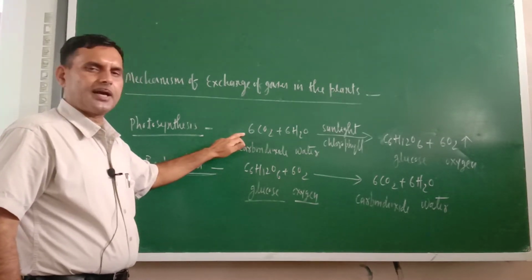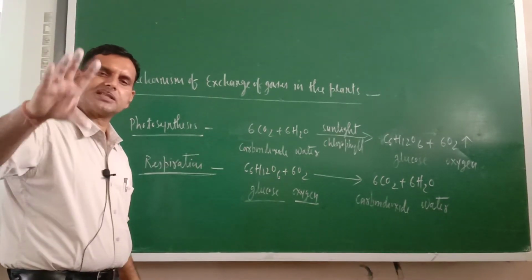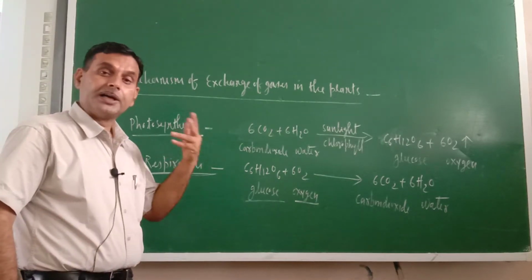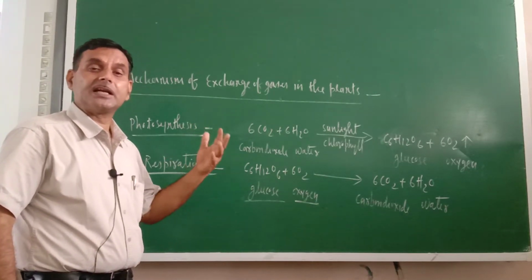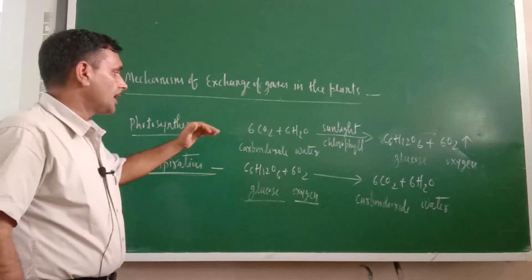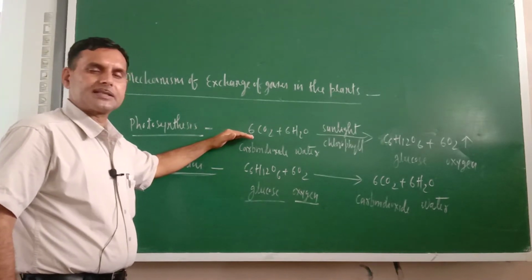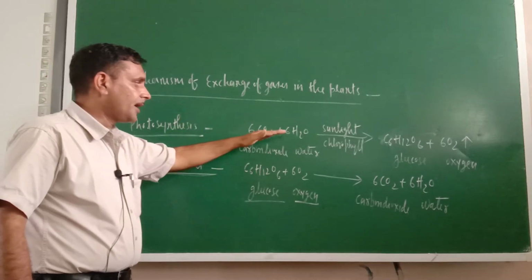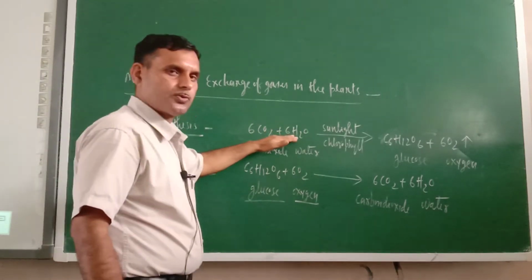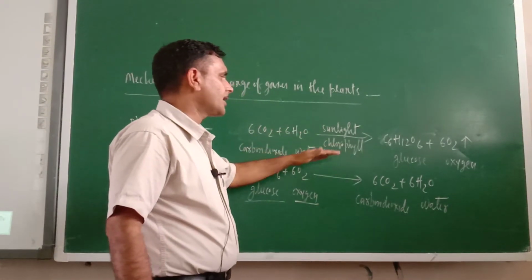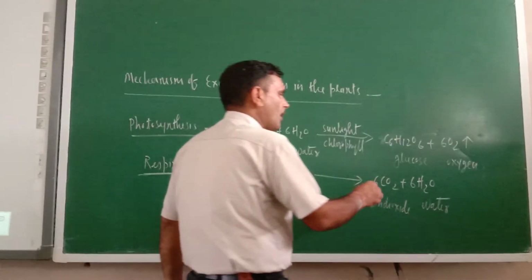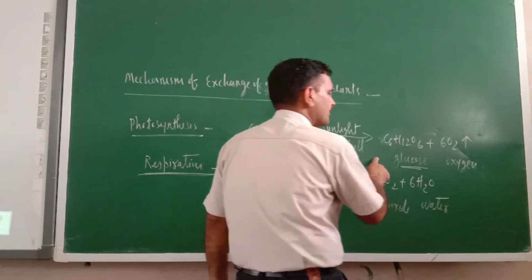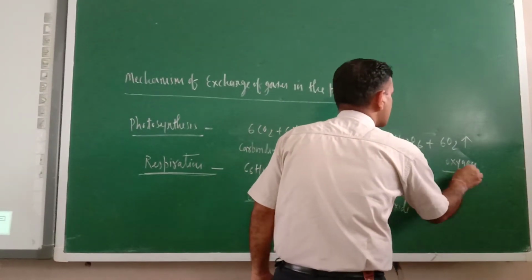Photosynthesis is occurring in the leaves of the plant only, due to the green pigment which is present in the leaves, that is chlorophyll. They absorb the carbon dioxide from the atmosphere, and they absorb the water also, and with the help of sunlight and chlorophyll they form glucose, that is carbohydrate food, and they release oxygen gas.